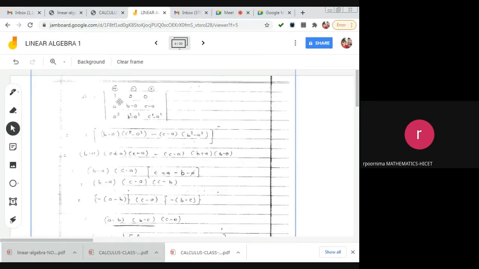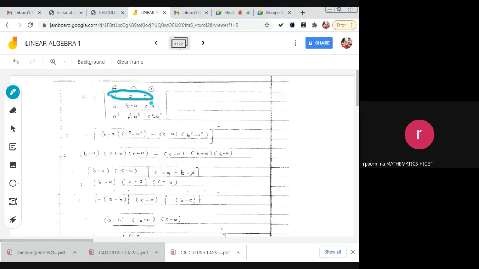After applying these operations, you will be getting the first row as 1 0 0, then a, b minus a, c minus a, and a square, b square minus a square, and c square minus a square. Now you get a normal expansion, because your first row is having more zeros. So you expand using your first row, then you will be getting the terms like that.